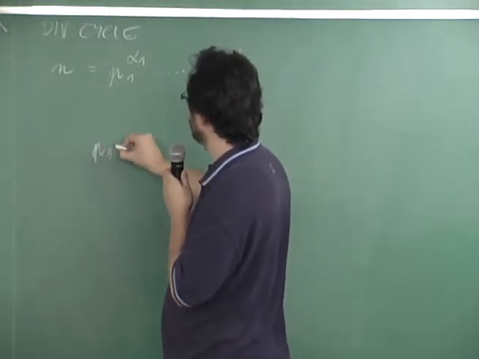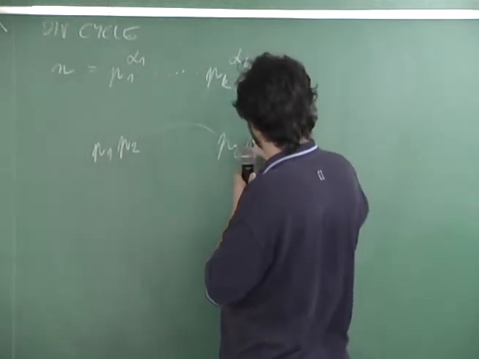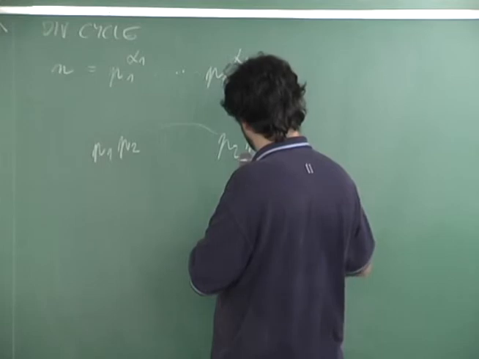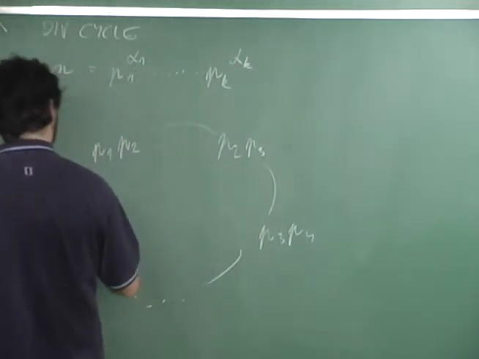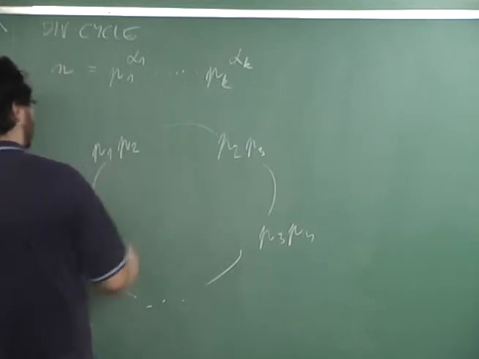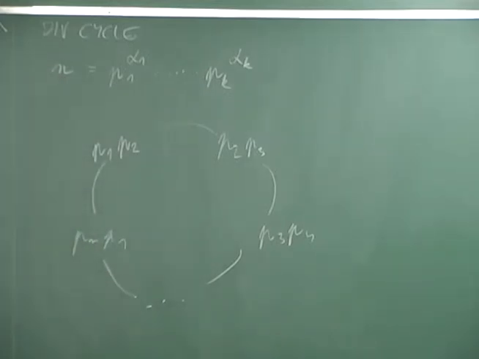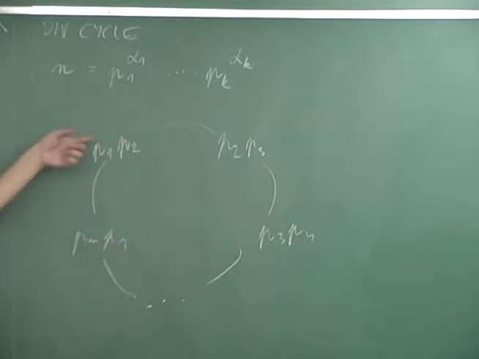We can take p1, p2, p2, p3, p3, p4, and so on, pn, p1, and back here. So right now we took some of the divisors and we placed them on a circle.